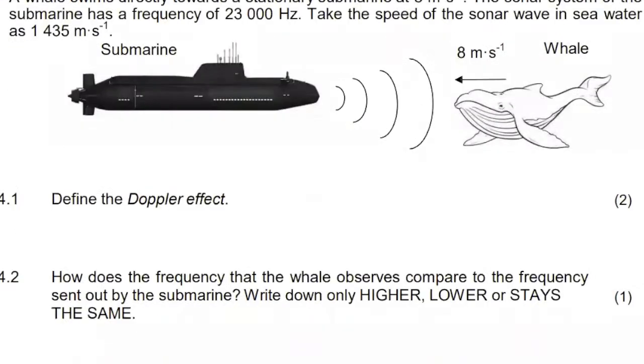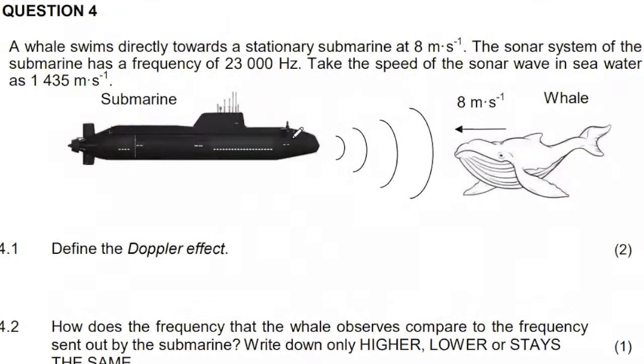Number 4. They're telling us that a whale swims directly towards a stationary submarine at 8 meters per second. The sonar system of the submarine has a frequency of this much. Take the speed of the sonar wave in seawater to be this much.